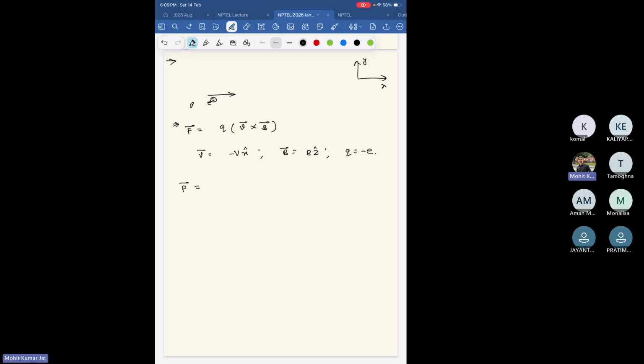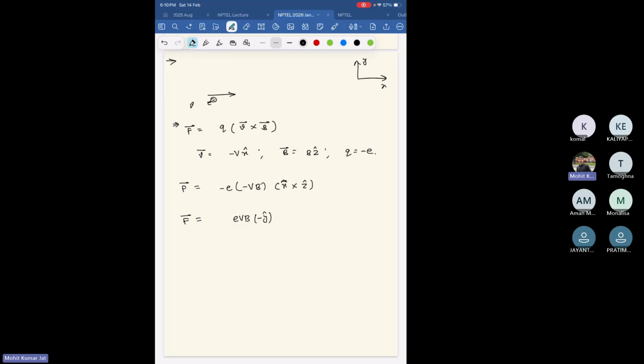Then the force will be minus e, v is minus v, and B, and x cap cross z cap. This is nothing but evB, and x cap cross z cap will be minus y cap.